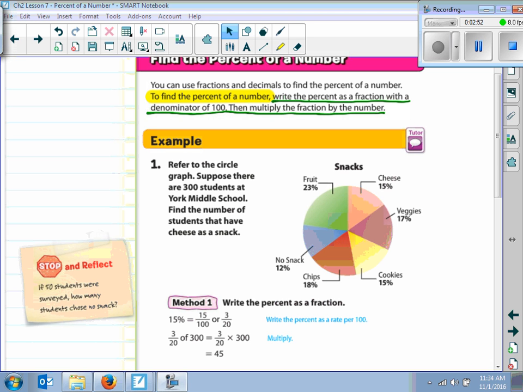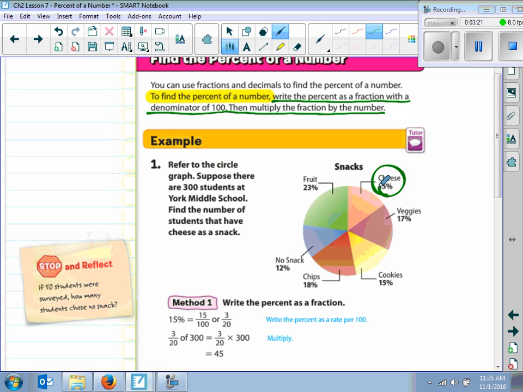So for example 1, it says refer to the circle graph. Suppose there are 300 students at York Middle School. Find the number of students that have cheese as a snack. Okay? So what percent chose cheese as a snack? Here's cheese. 15% chose cheese, right? So, according to our rule up there, it says write the percent as a fraction with a denominator of 100.